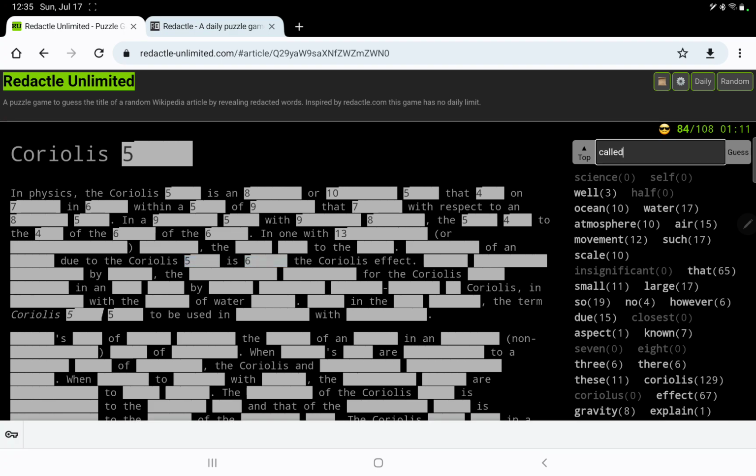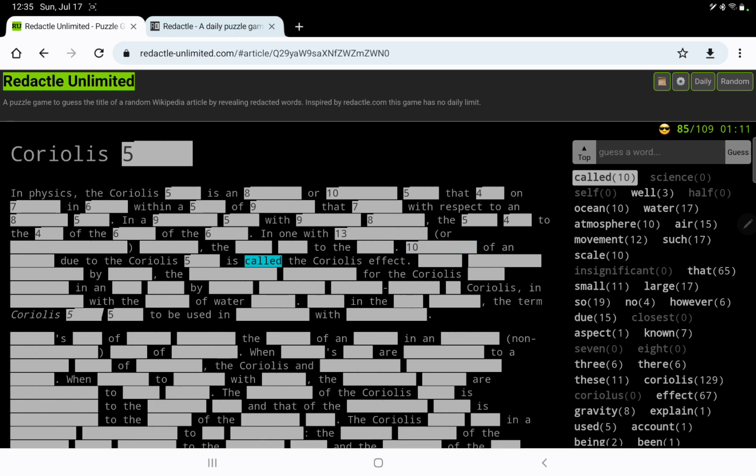Is called, due to the Coriolis something. Okay. 10 of an 6 due to the Coriolis 5 is called the Coriolis effect.